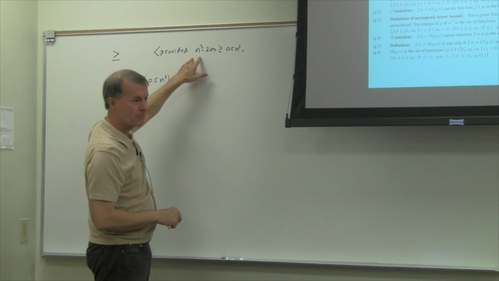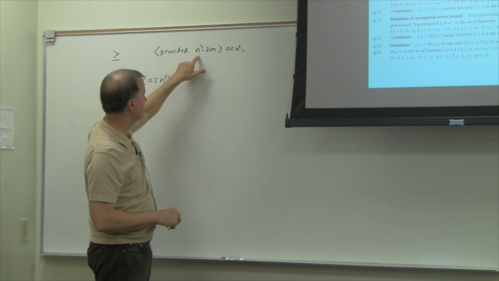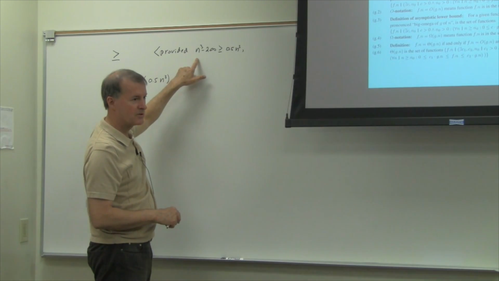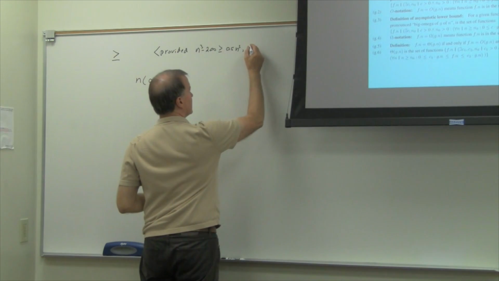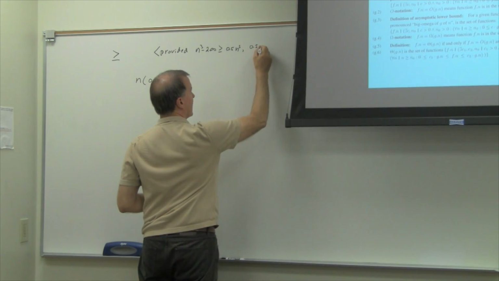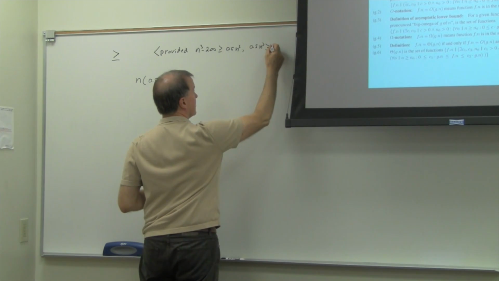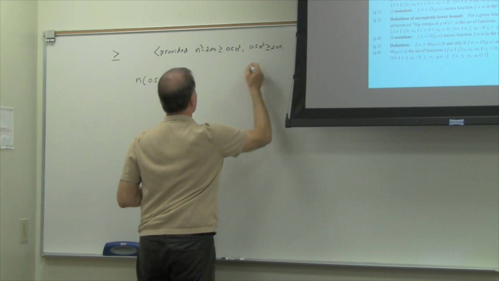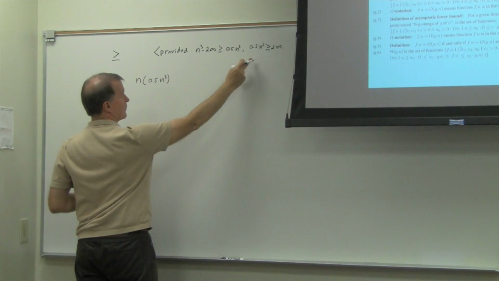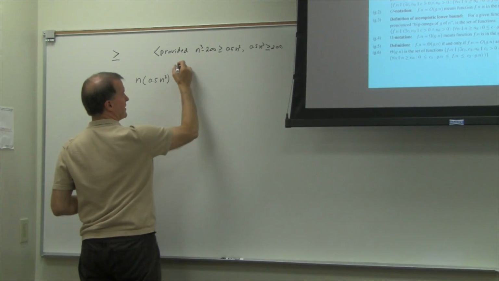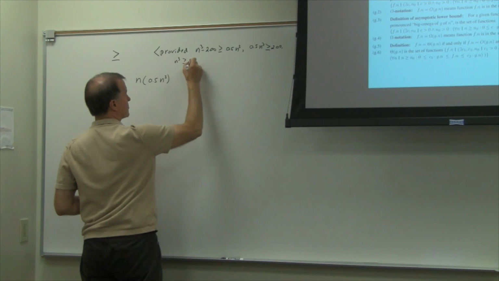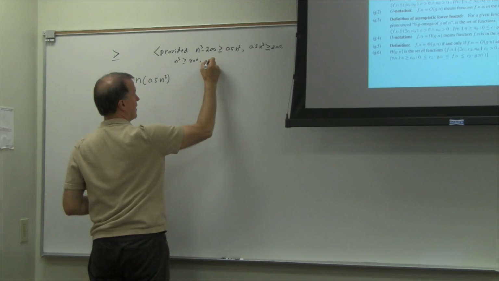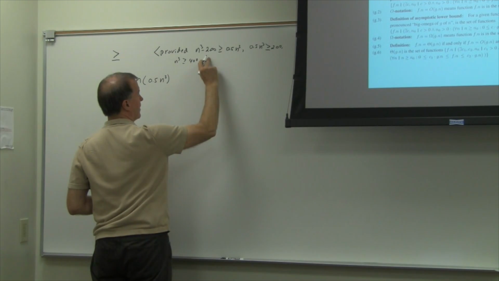N cubed minus a half of n cubed is half of an n cubed, right? So 0.5 n cubed is greater than or equal to 200, which means that if we double both of these, n cubed is greater than or equal to 400, which means that 400 minus 200 is positive.